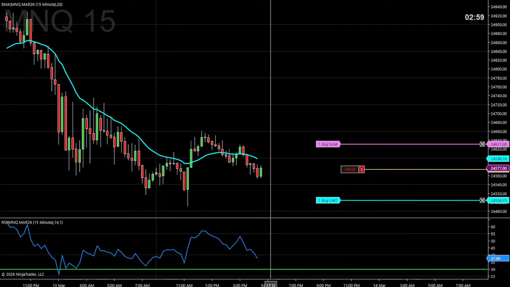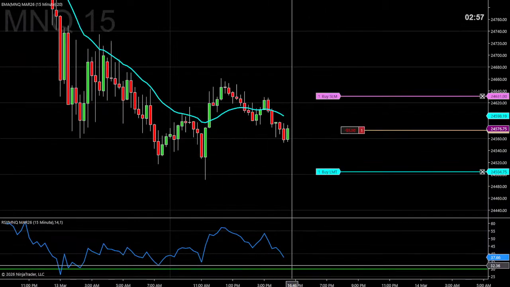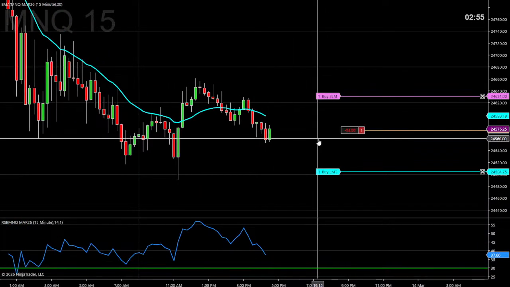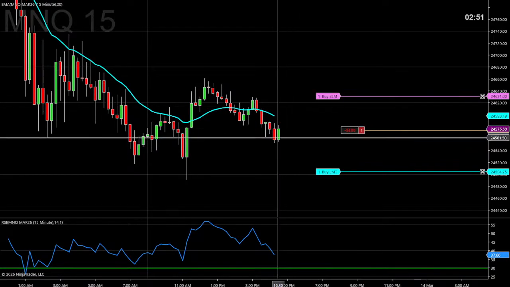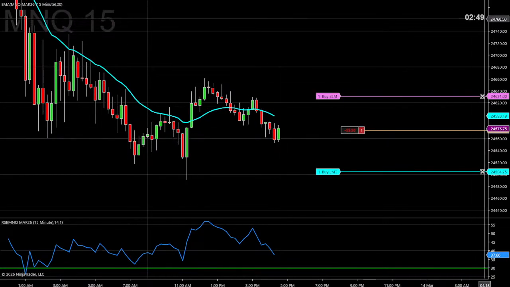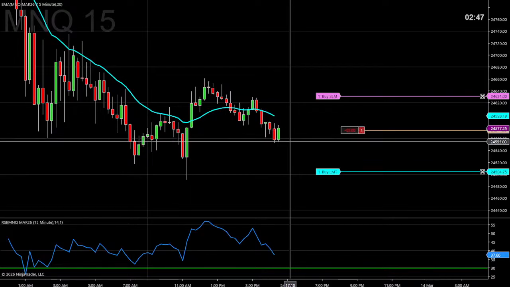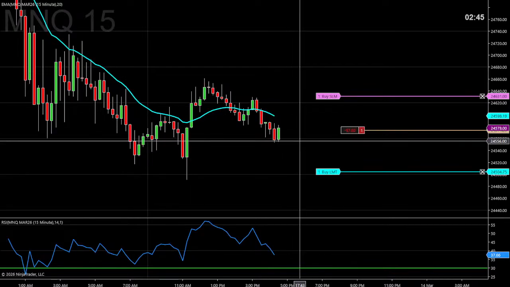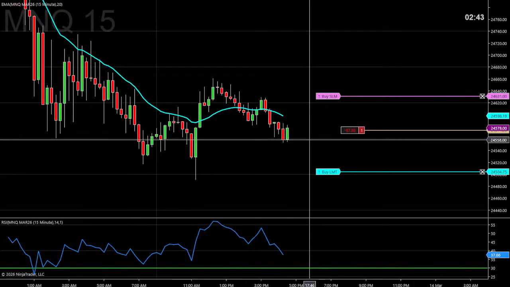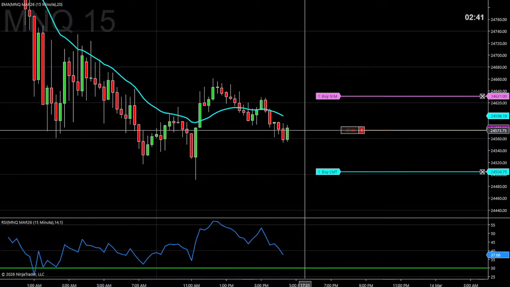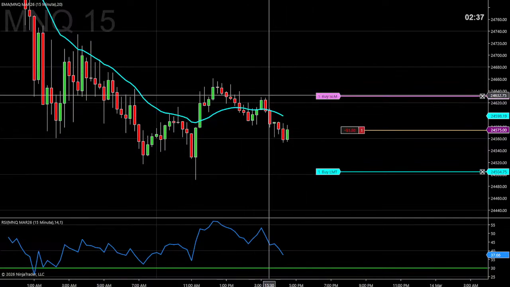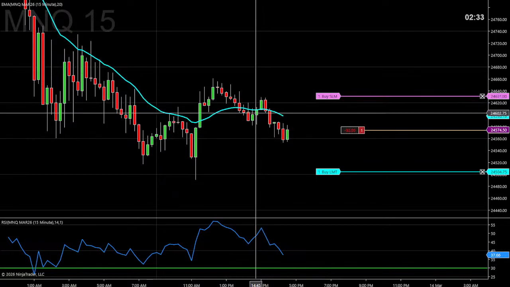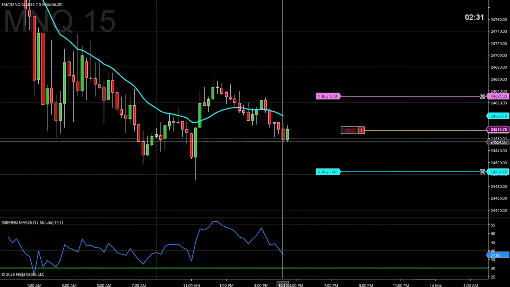MNQ, what's happening here? Once again, structure is maintained. We've still got higher high, lower low. But this current candle, which ends in just under 3 minutes, has been a bit bullish. Despite peaking above the EMA here, it's continued down.